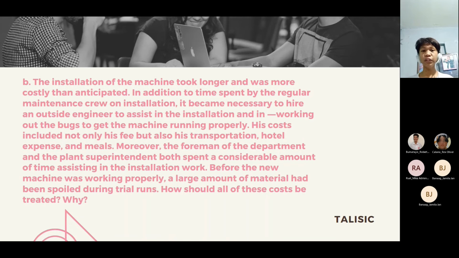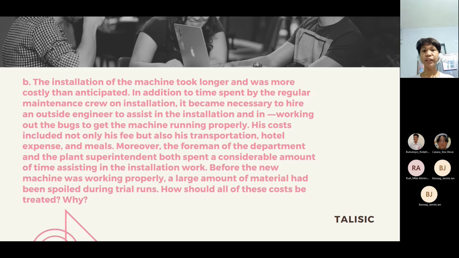His costs included not only his fee, but also his transportation, hotel expense, and meals. Moreover, the foreman of the department and the plant superintendent both spent a considerable amount of time assisting in the installation work. Before the new machine was working properly, a large amount of material had been spoiled during the trial run. How should all of these costs be treated and why?